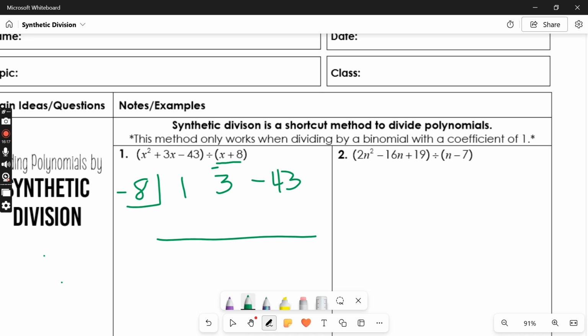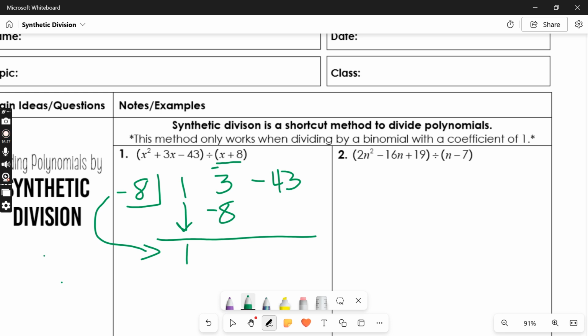For synthetic division, I'm going to bring down this 1, and then I'm going to multiply negative 8 times anything that's on this row. So negative 8 times 1 is negative 8. And then I'm going to add the things in that column.